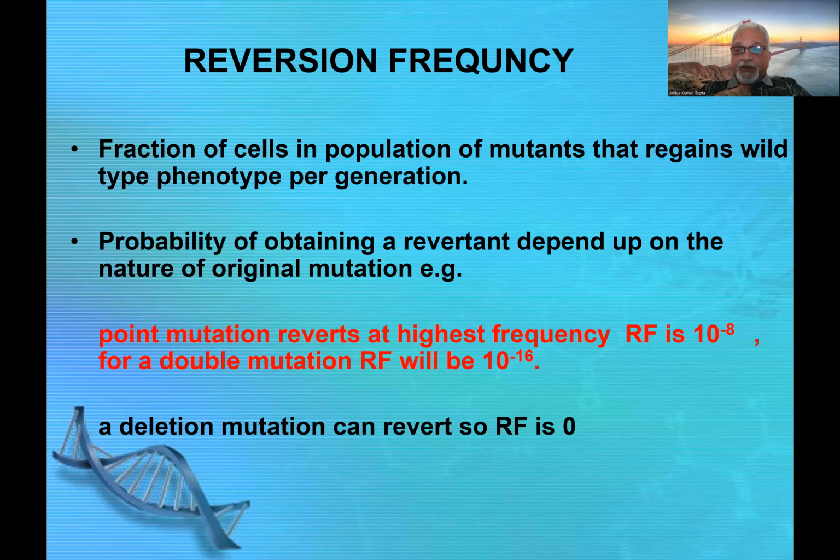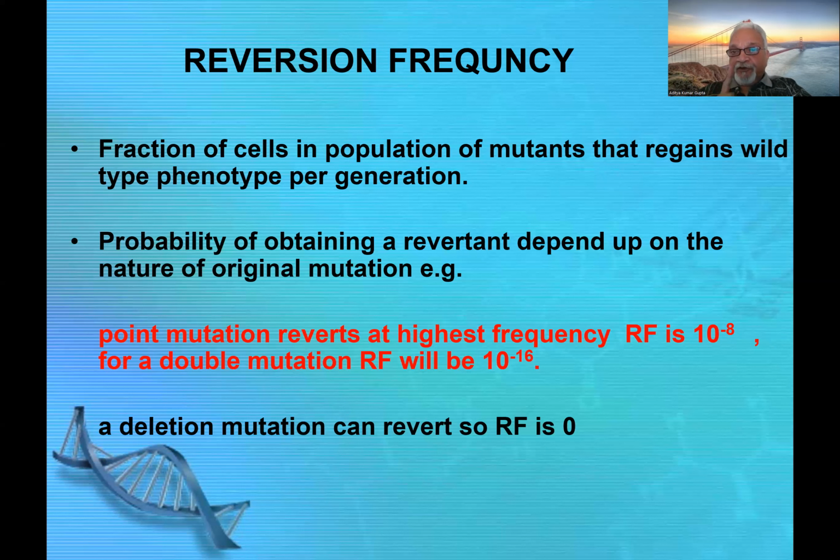So if the reversion frequency is 10 to the power minus 8, which is the frequency for spontaneous mutation also, that indicates that the original mutation was a point mutation.